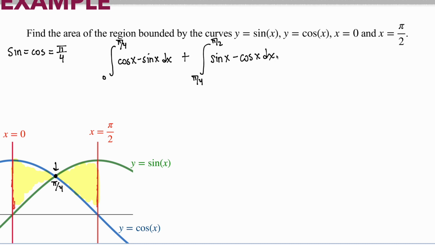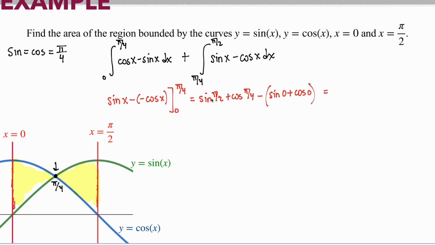So now you can plug both of those things in, but I'm going to go ahead and show you how to do it by hand. So the integral of cosine is sine, and the integral of sine is negative cosine. And you're going from 0 to pi over 4, which means it is going to be sine at pi over 4 plus cosine at pi over 4 minus sine of 0 plus cosine of 0.